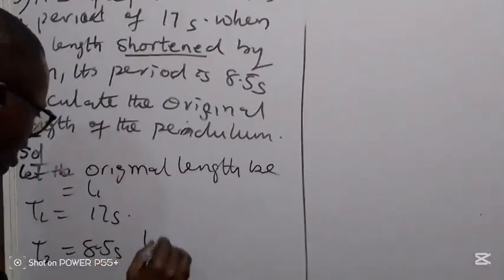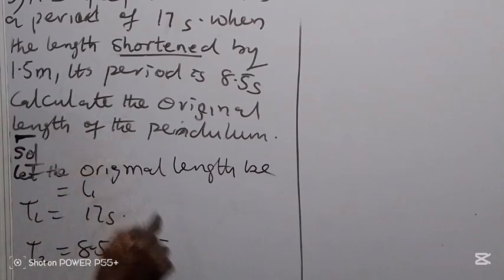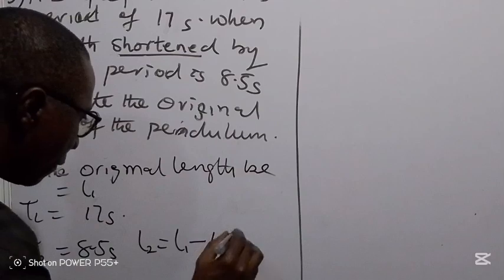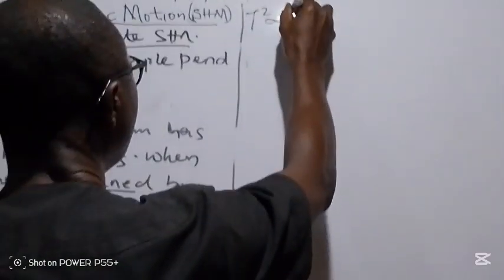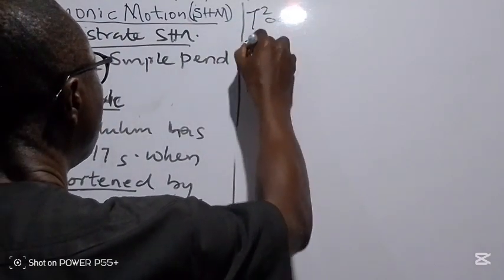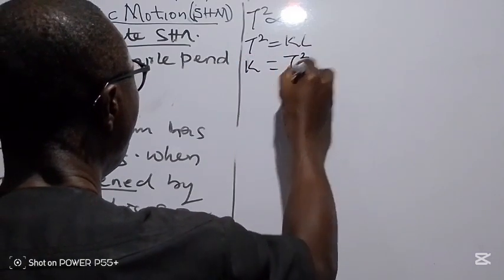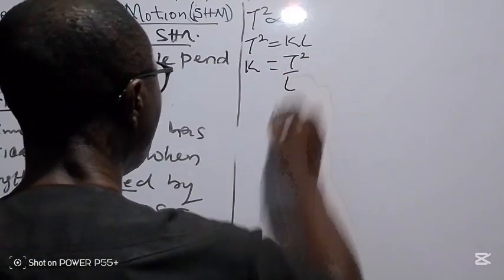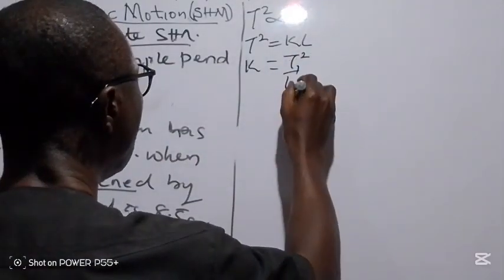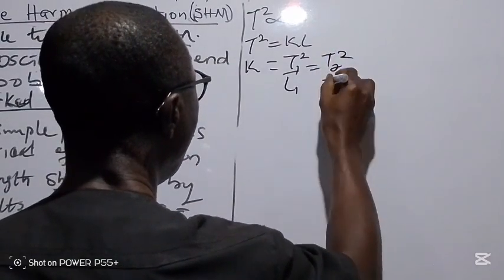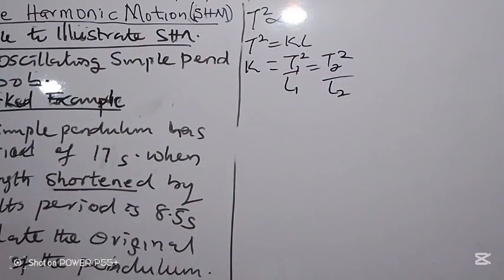Then the L2, since the original length is shortened, will be L1 minus 1.5. So going by our expression, T squared is directly proportional to L, so we have T squared equal to KL. K is equal to T squared over L. Then from there you can say T1 squared over L1 is equal to T2 squared over L2. And our L2 is L1 minus 1.5.